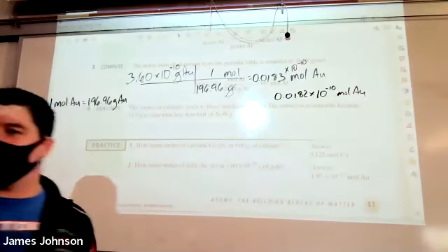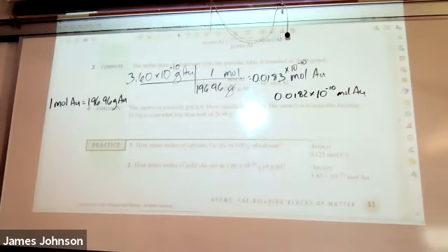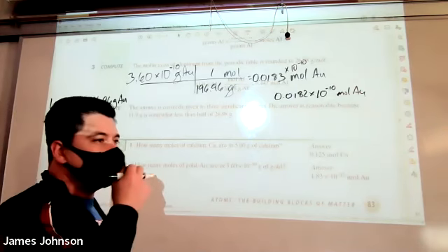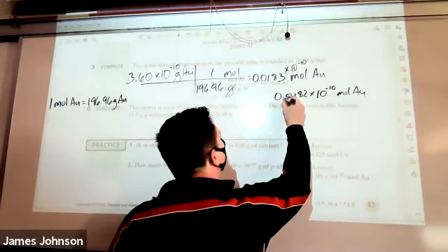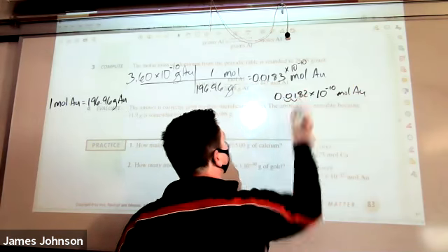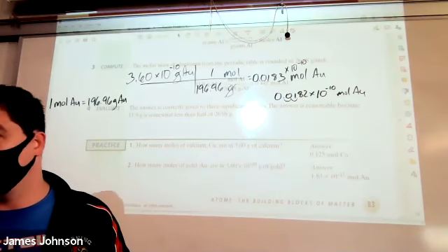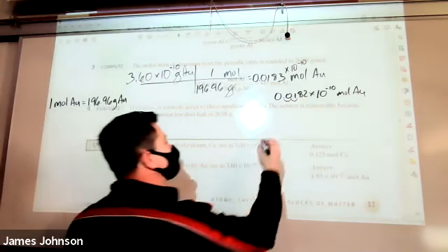Is this proper scientific notation? No. It's a correct value, but it's not in proper scientific notation, okay? Two things that are slightly different from one another. So in order to put this value into proper scientific notation, I'm clearly going to have to move the decimal 2 places. Okay, I think we're good there.